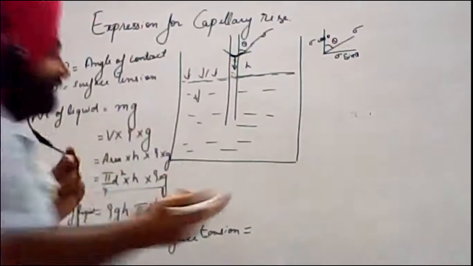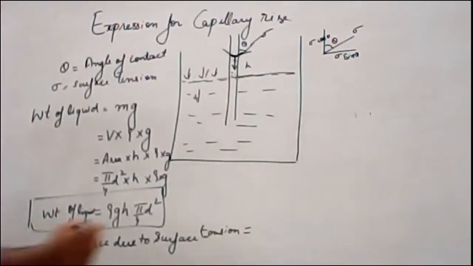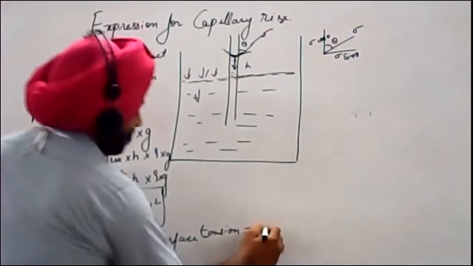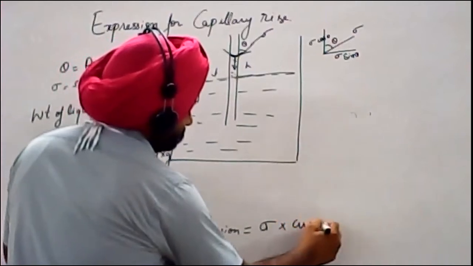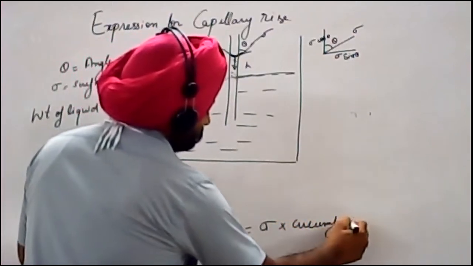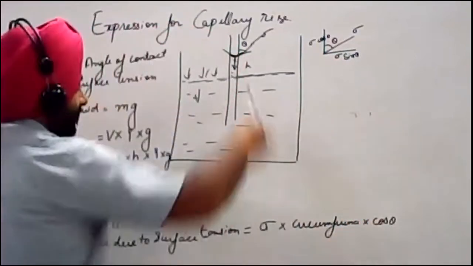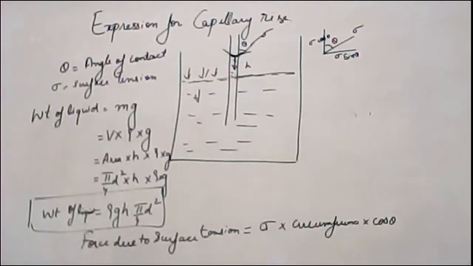That component that is balancing the weight will be taken into consideration. So the formula for that will become sigma into circumference into cos theta. The angle that this meniscus is making is theta, and we have to use cos theta. Any question?